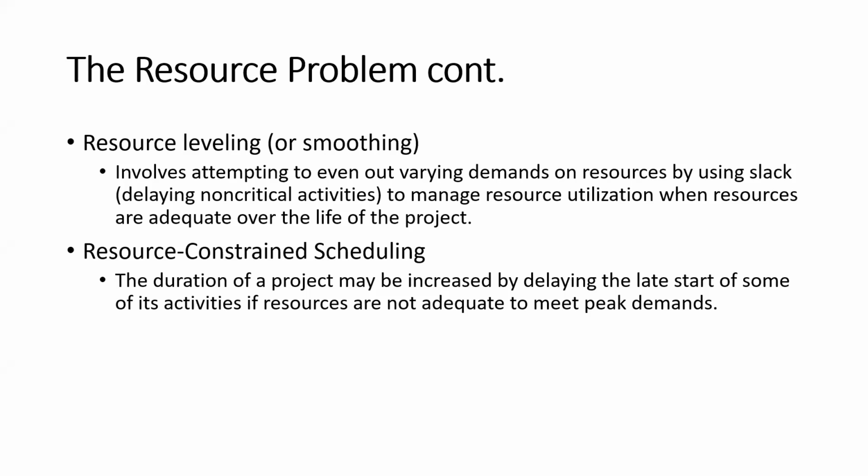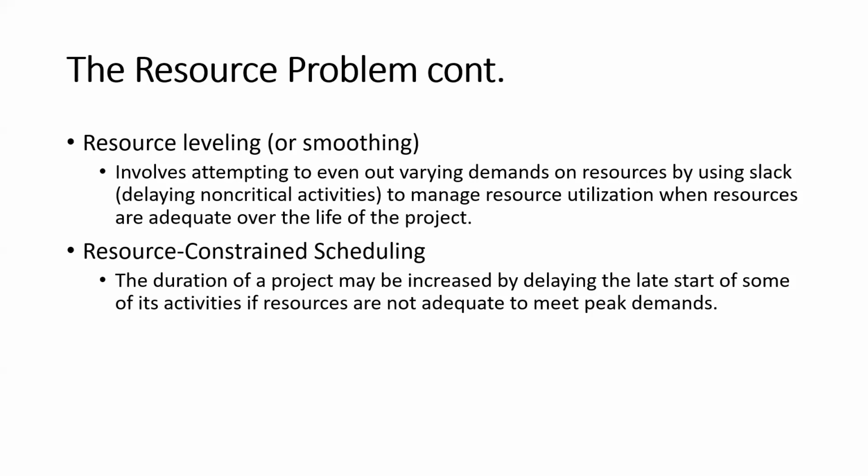Assume that activity A has a slack time of 2 days, right? And as it has a slack time, it is not a critical activity, it becomes a non-critical activity. So that non-critical activity A can be delayed for 2 days.